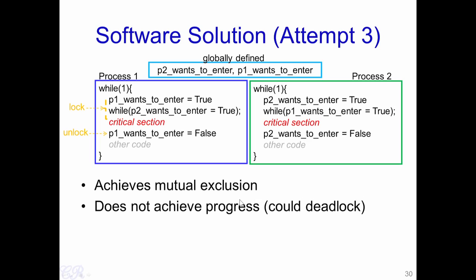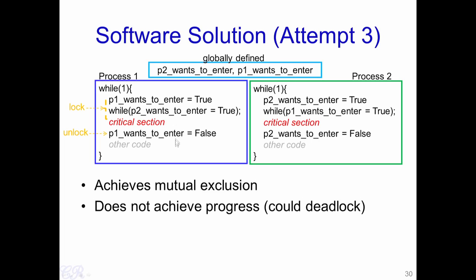Unlike the previous attempt, where mutual exclusion was not achieved and we had two processes in the critical section at the same time, in this solution mutual exclusion is achieved. Essentially, it is guaranteed that when process 1 is in the critical section, process 2 is not in the critical section and vice versa. What is not guaranteed is progress.